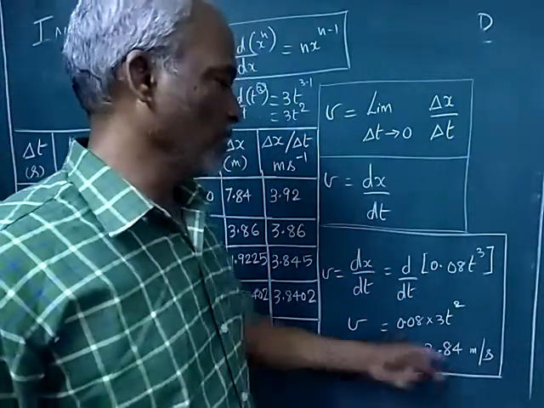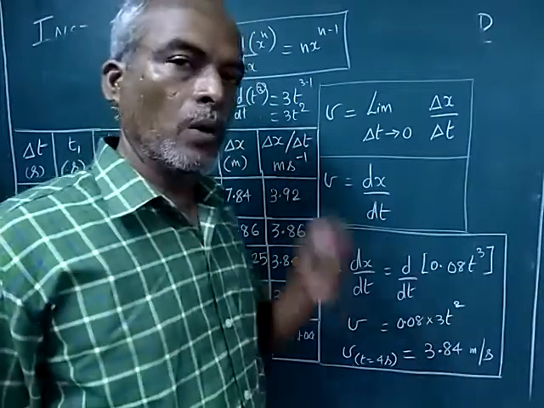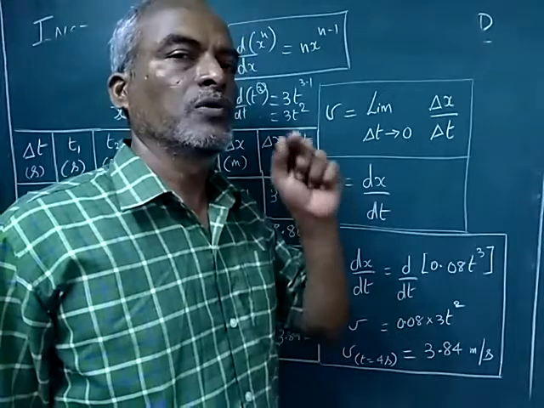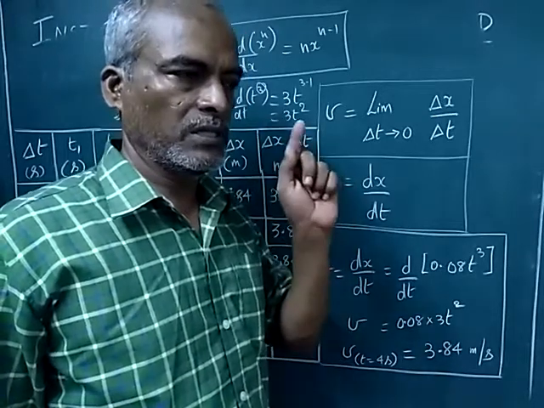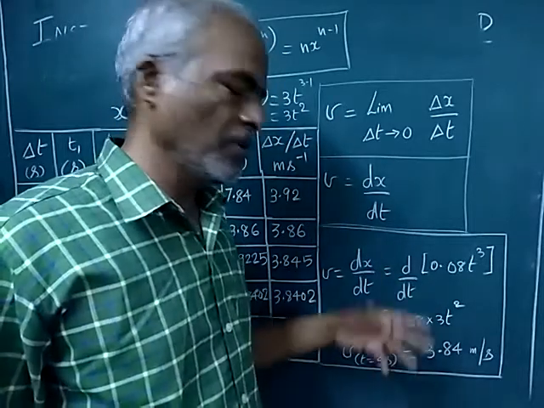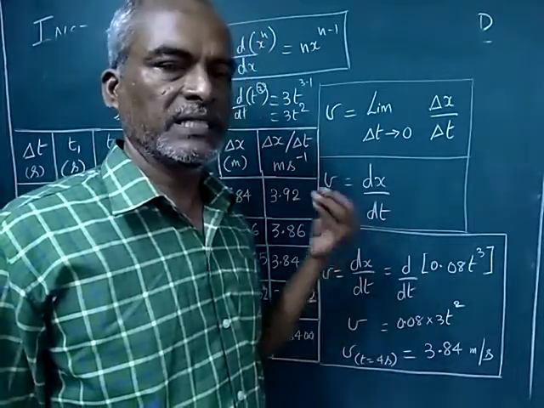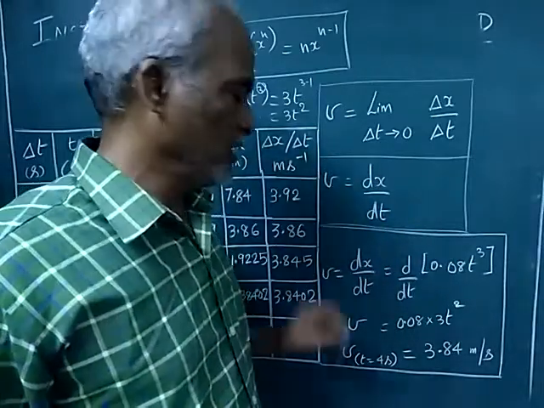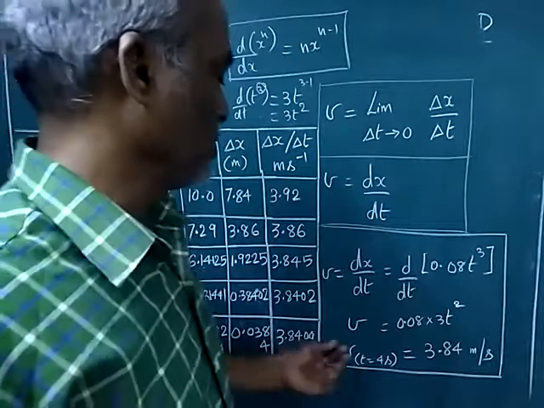Now this is the velocity equation. Now I want velocity at t equal to 4 seconds. At the 4th second, I want to know what's the velocity. Similarly, you can find out for 5th second, 6th second or 5.2 second, anything. So that's the advantage of instantaneous velocity.